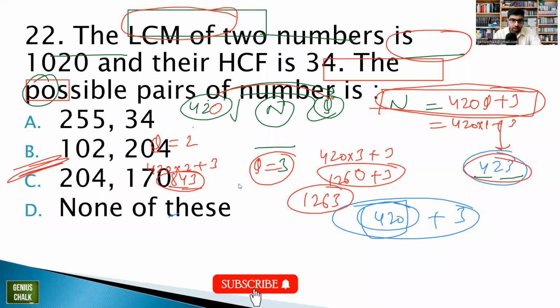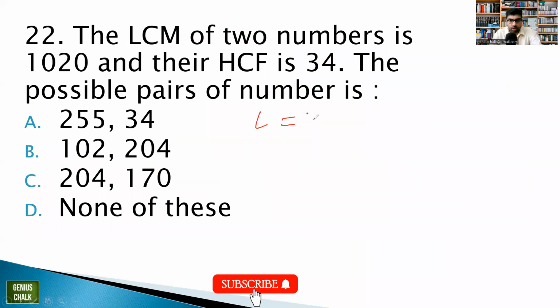Okay. Last question. The LCM of two numbers is 1020, and their HCF is 34. Possible pair of numbers? We know that the numbers will be in this form, 34A and 34B. And I know that the HCF and LCM of two numbers is equal to their product.